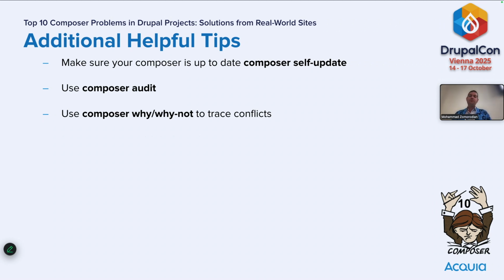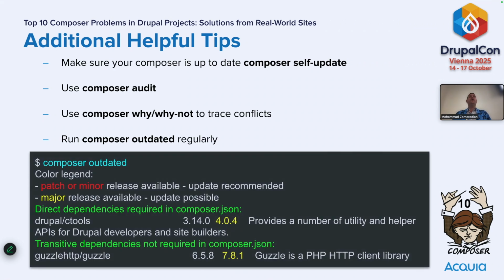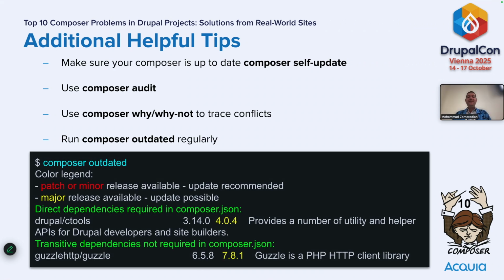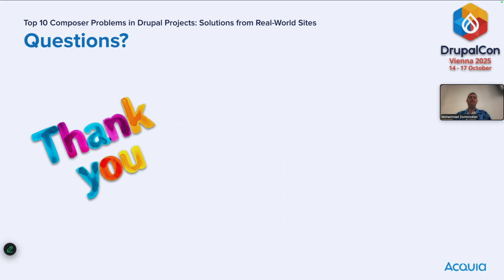And my favorite is composer outdated. Run it regularly. Make sure your project is up to date. It will also list all of the major and minor versions in your project. And make sure you're updating all of the direct dependencies in your composer.json using the output.